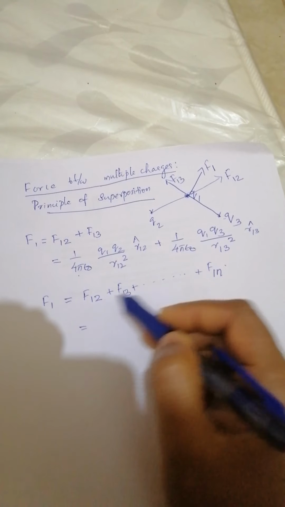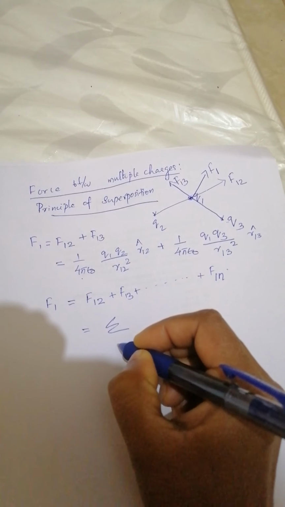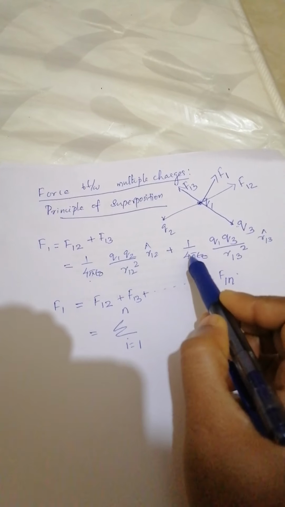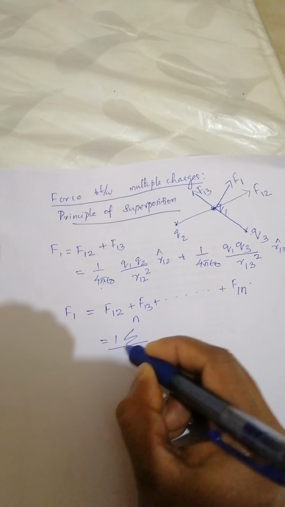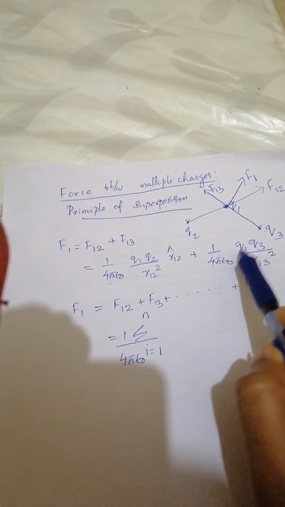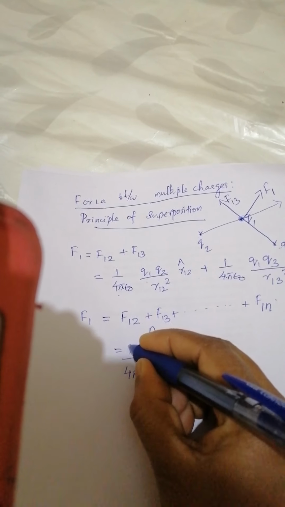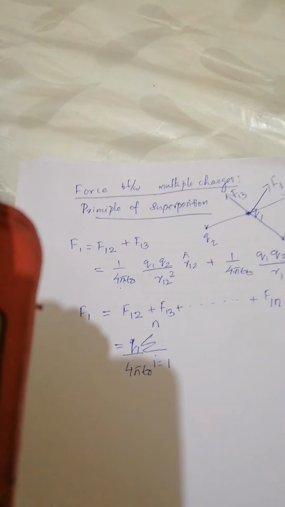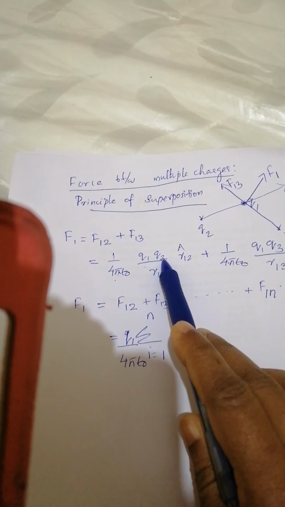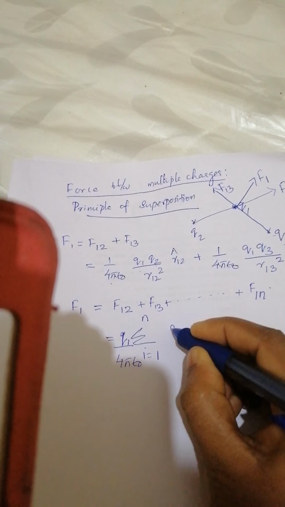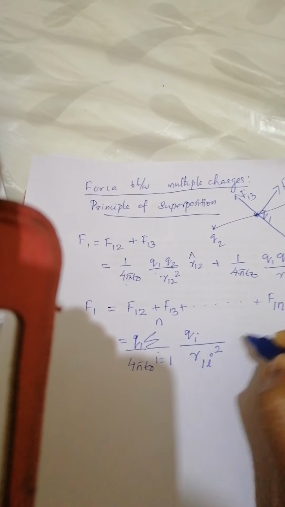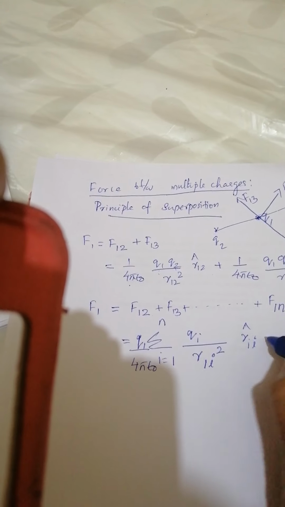This we can write as a summation, sigma i equals 1 to n. 1 by 4 pi epsilon 0 is common here, and Q1 is common here, so we can write Q1 divided by 4 pi epsilon 0, sigma i equals 1 to n, Q i divided by R1i square, unit vector R1i.